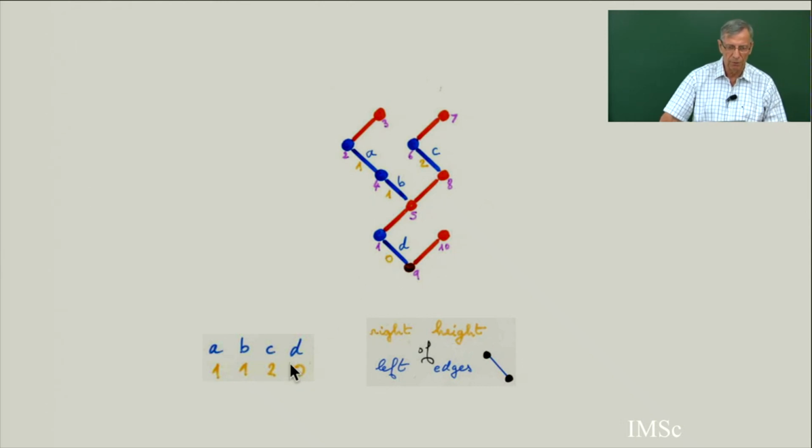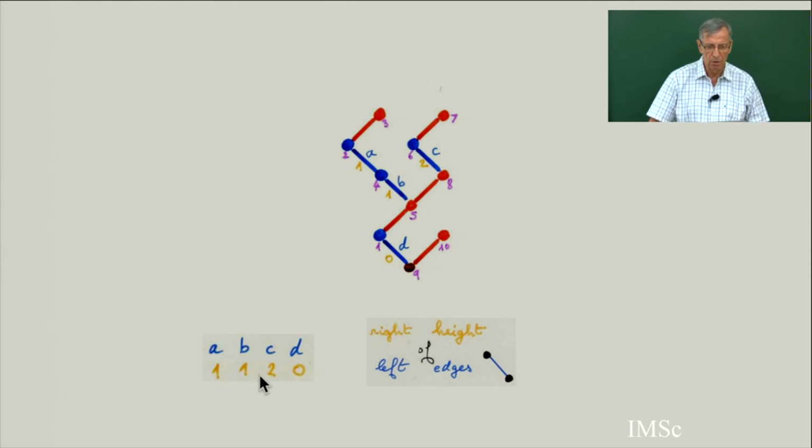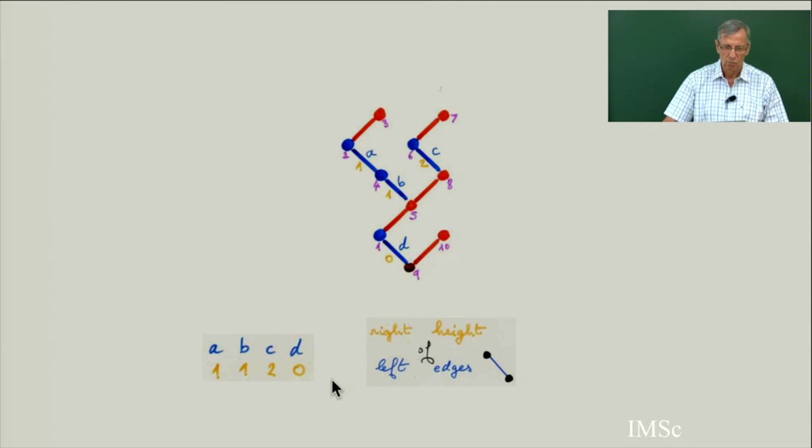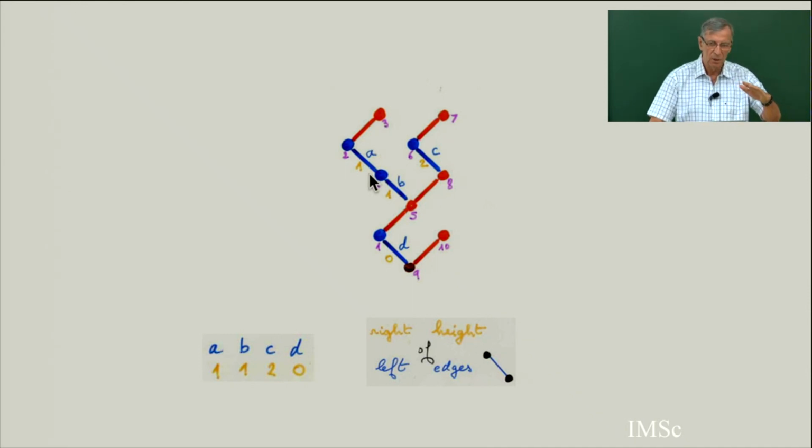And now I am going to define this yellow number: 1, 1, 2, 0. To each blue edge, each edge going to the left, I look at the path starting from the root and going to this edge. I count the number of right edges in this path, which means I'm counting the right height of these vertices.